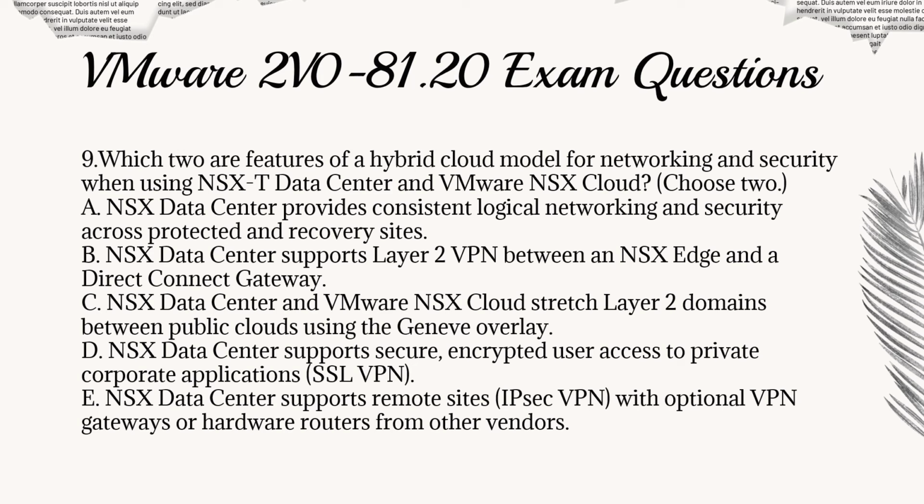C. NSX Data Center and VMware NSX Cloud stretch Layer 2 domains between public clouds using the Geneve overlay. D. NSX Data Center supports secure, encrypted user access to private corporate applications, SSL VPN. E. NSX Data Center supports remote sites, IPsec VPN, with optional VPN gateways or hardware routers from other vendors.